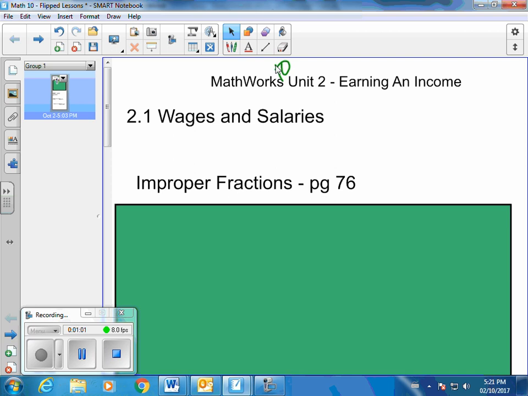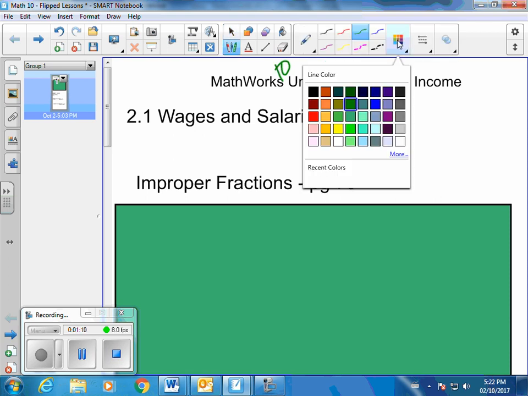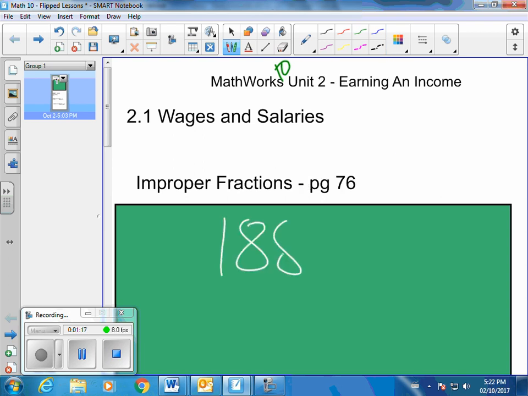So for improper fractions, looking at the example in the textbook, they give us 188 over 12.